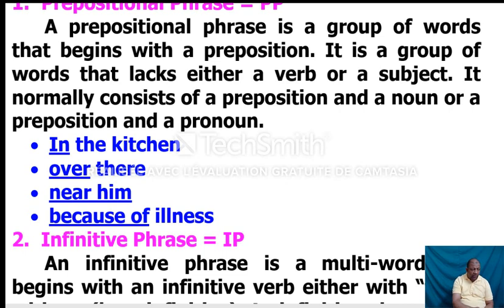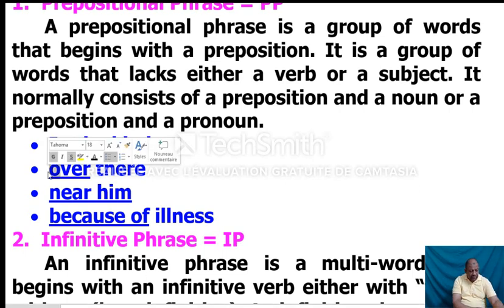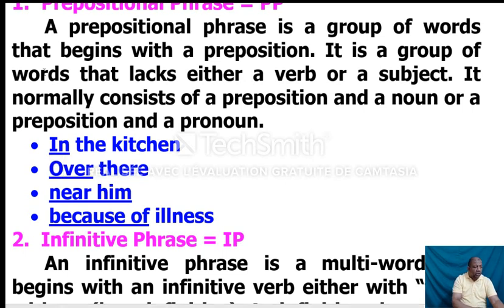The second one, over there. Over is itself a preposition, and it is followed by an adverb, and therefore we cannot call it an adverb. We call it a prepositional phrase.